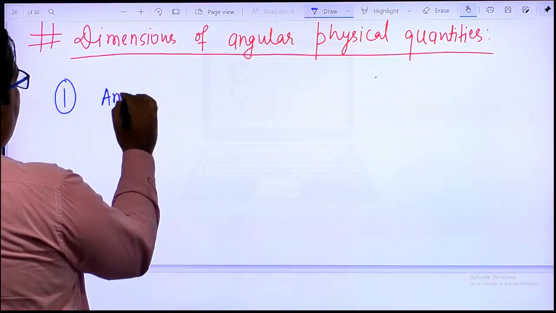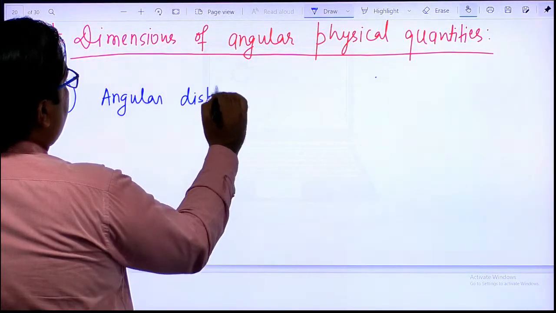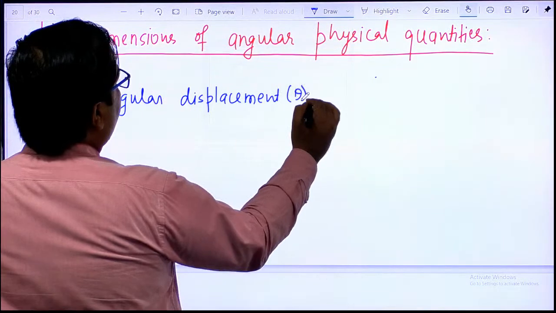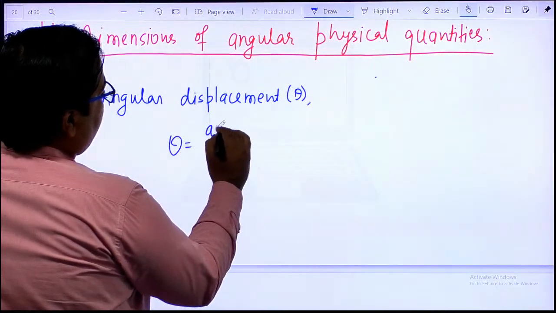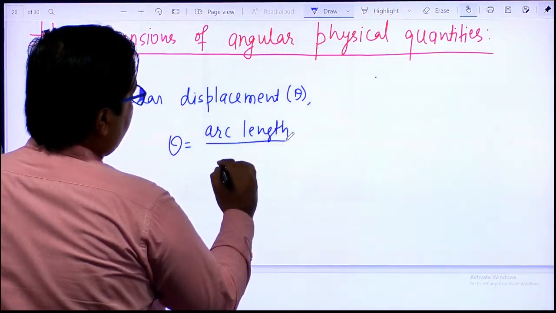Angular displacement means theta. Theta is defined as arc length by radius.